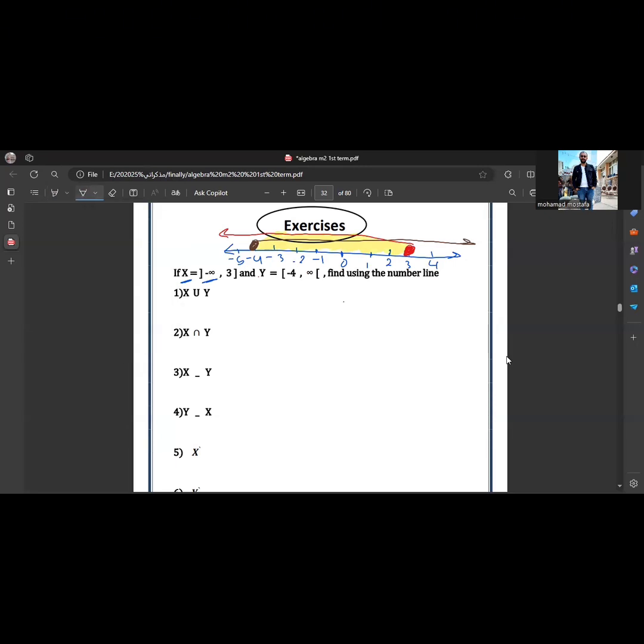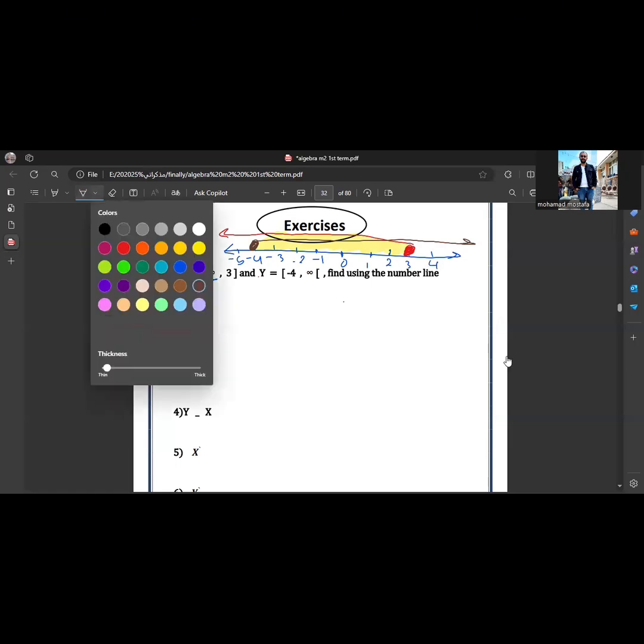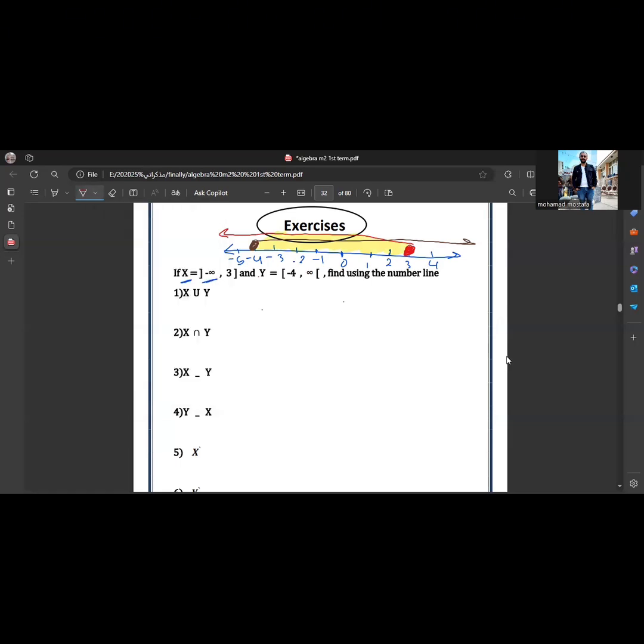If I want the union of the two intervals, x union y, I see here from the left side a ray to negative infinity, and here from the right hand side a ray to positive infinity. So all numbers are with me, but all of them is open, negative infinity to positive infinity.